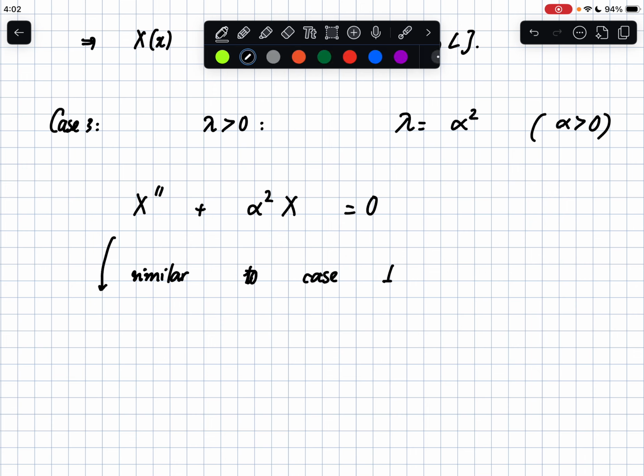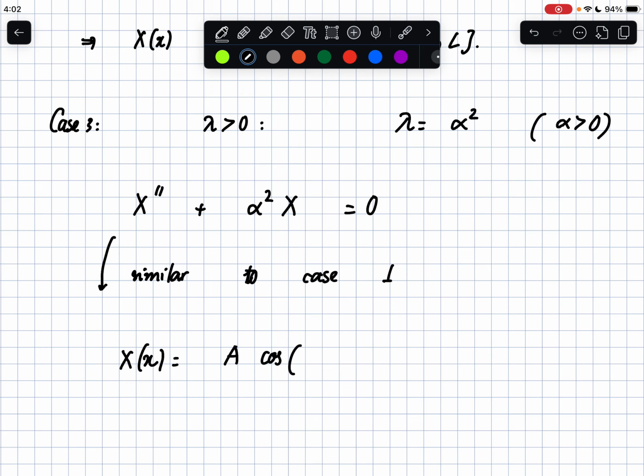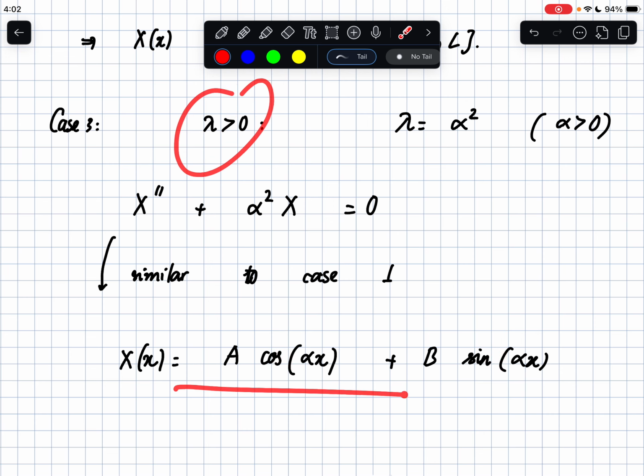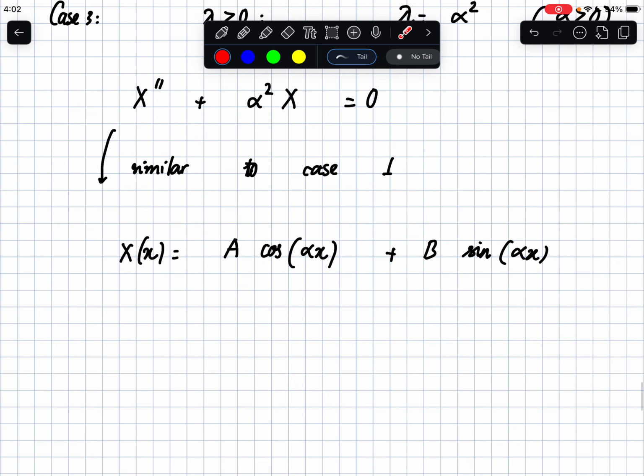We have X of x equal to a cosine of alpha x plus b sine of alpha x. So the negative one gives us cos and sin, the positive one gives us cosine and sine. Now we use the two conditions, X at 0 and X at L equal to 0.